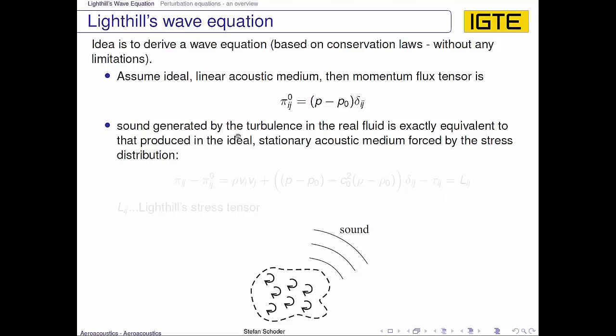So the sound generated by the turbulent structures in the real fluid is exactly equivalent to that produced in the ideal stationary acoustic medium forced by a stress distribution. This deviation of the stress distribution, pi minus pi null, is called Lighthill's stress tensor. And this Lighthill stress tensor is then a very prominent source term for aeroacoustics in Lighthill's analogy.